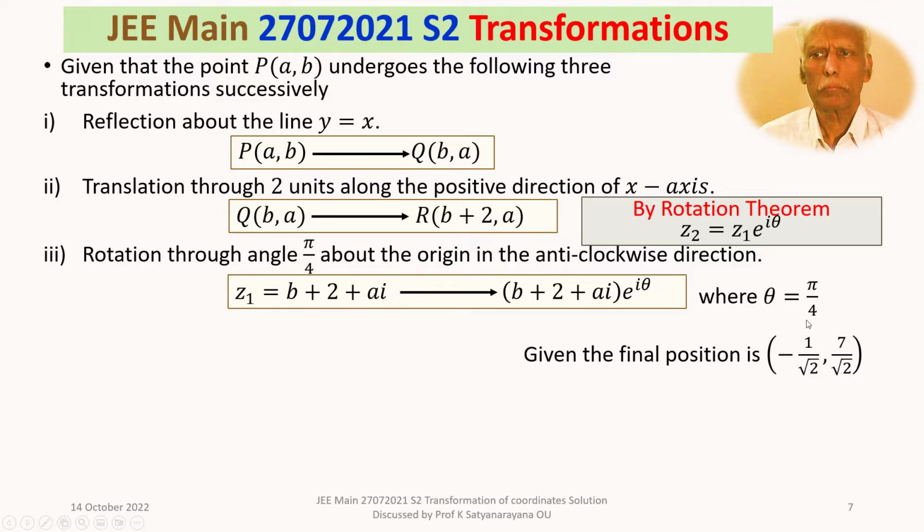As a complex number, this is -1 by root 2 + 7 by root 2 i. So (b + 2 + ai) into e to the power of i pi by 4 is the final one, and that is equal to -1 by root 2 + 7 by root 2 i. Now, from this you have to calculate the value of 2a + b. That we will do in the next slide.